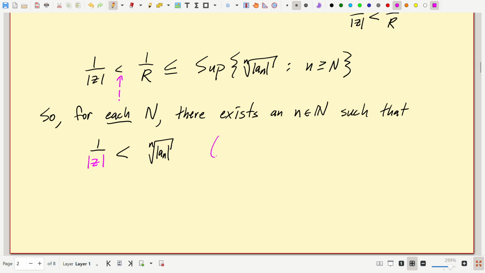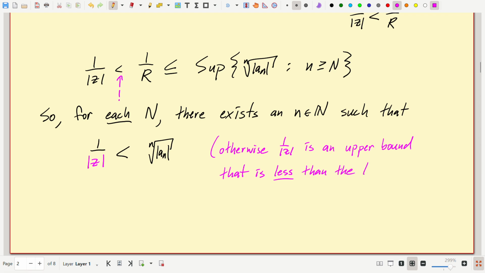So I should say here, otherwise, 1 over mod z is less than the least upper bound, so it is not an upper bound.